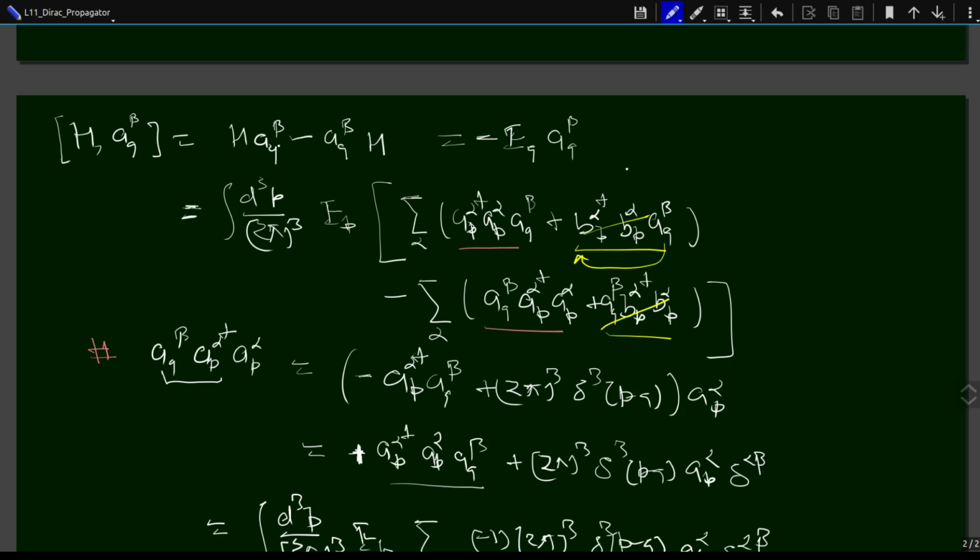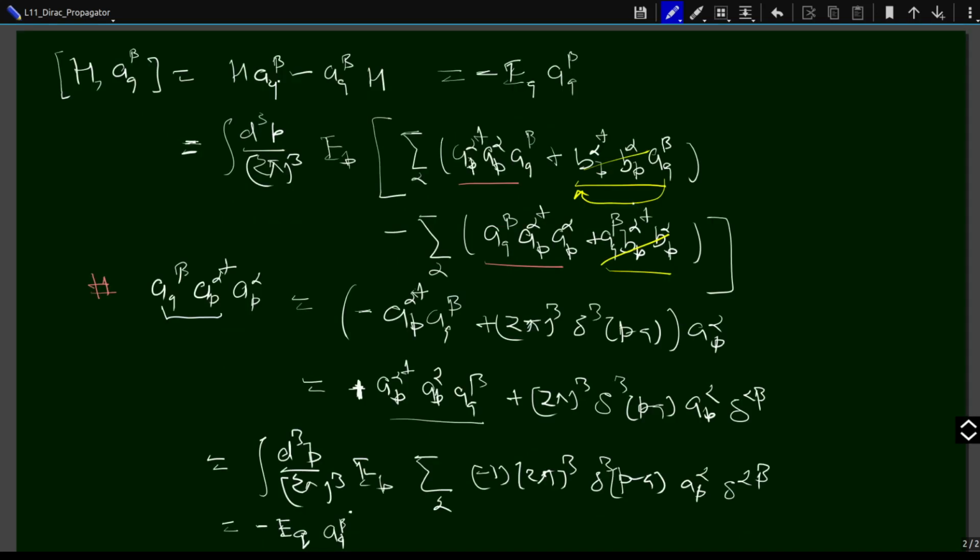Now if I do a similar commutator, instead of a, if I take a dagger, now these last two terms in yellow will still cancel, simply because a dagger or a both commute with b dagger b, so these two go away. Instead of having two a's over here, I'll have an a beta dagger here and also an a beta dagger. And then the cancellation, what I'll get is just the opposite term.